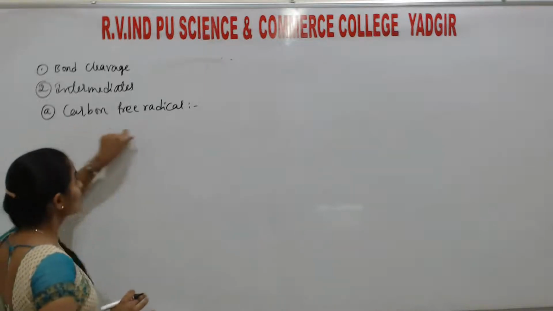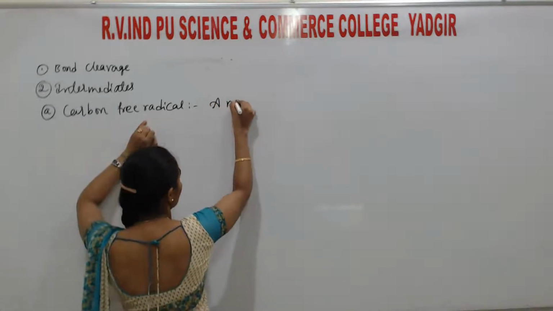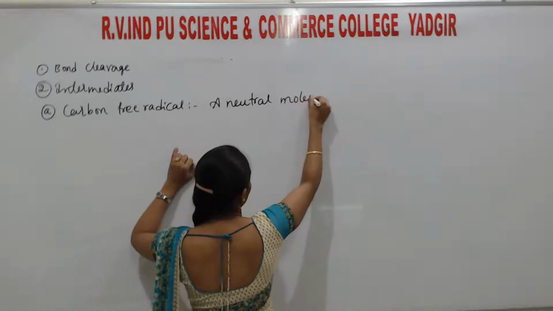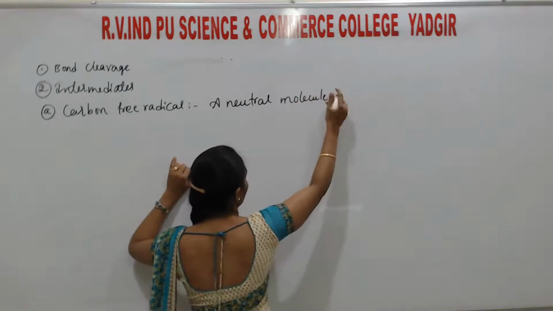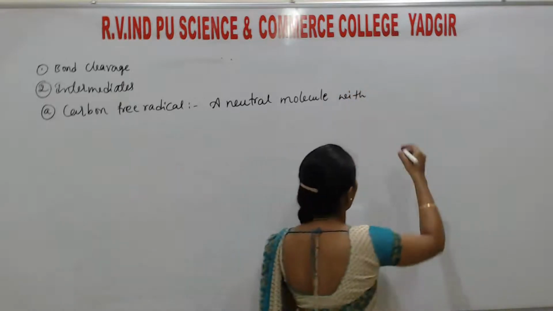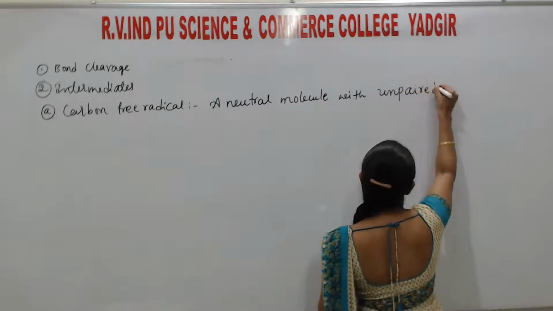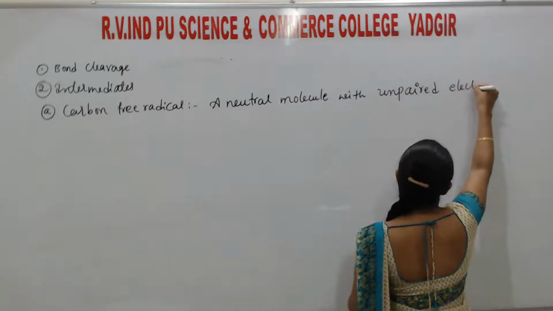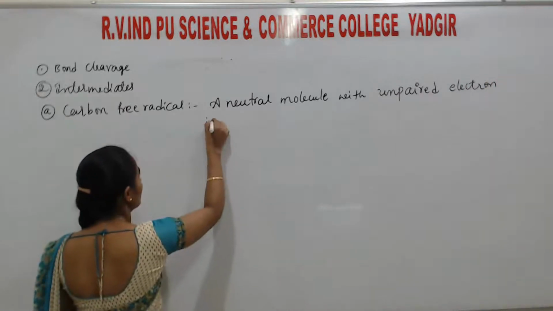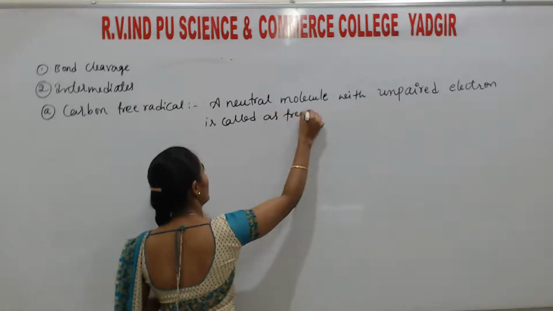So students, what is the statement? Listen, a neutral molecule with unpaired electron is called free radical.